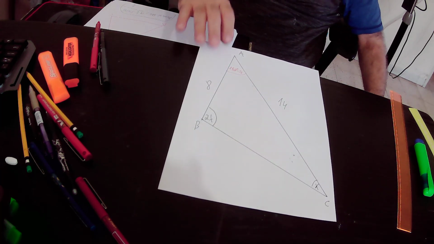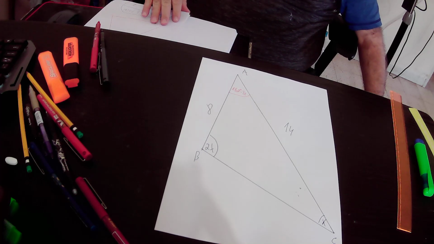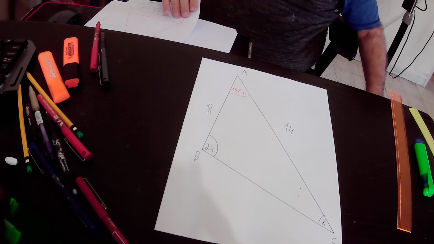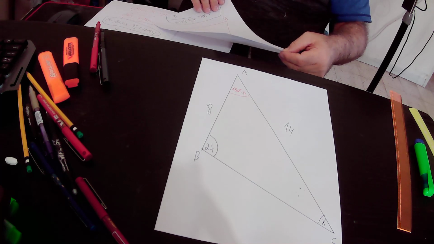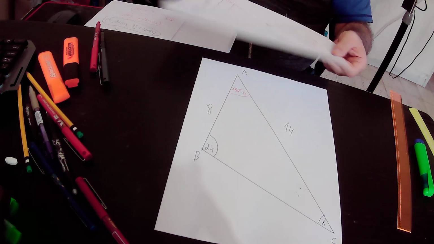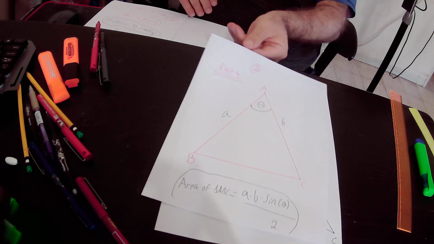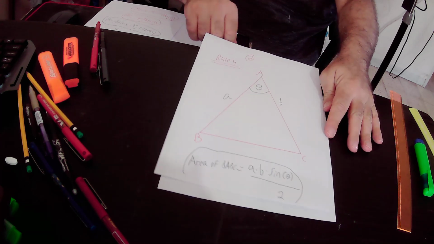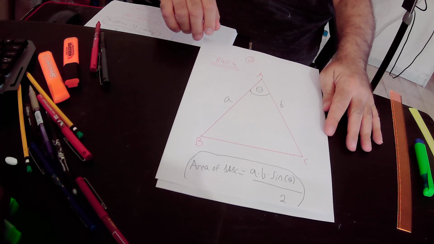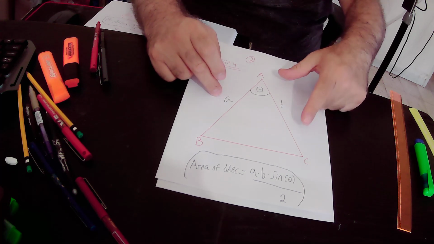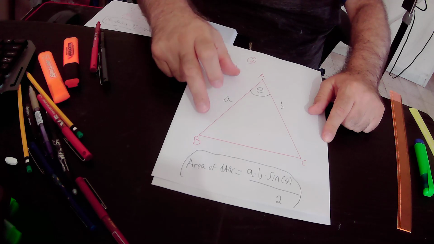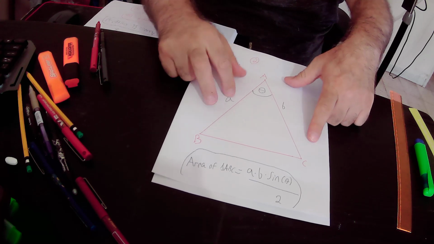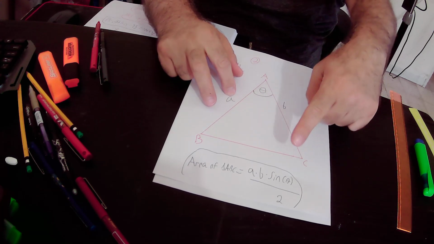After we found the value of angle A, we used rule number 4, a new formula I presented to you to find the area of any triangle. According to this formula, the area of any triangle equals a times b times sin theta over 2.